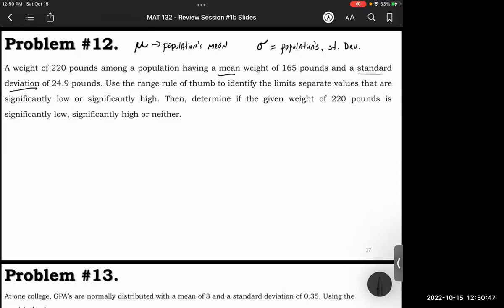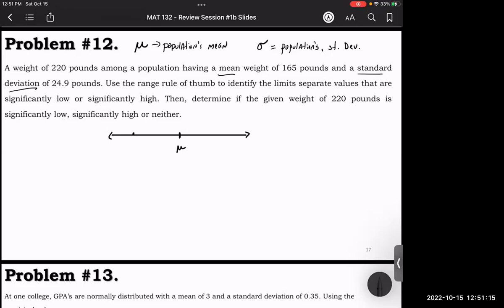Okay, now let me clarify the range rule of thumb. The range rule of thumb tells us that essentially 95% of the data values are going to be within a range of 2 standard deviations below the mean or 2 standard deviations above the mean. So here's a number line that helps clarify it. Let's say somewhere around here in the center is your mean.